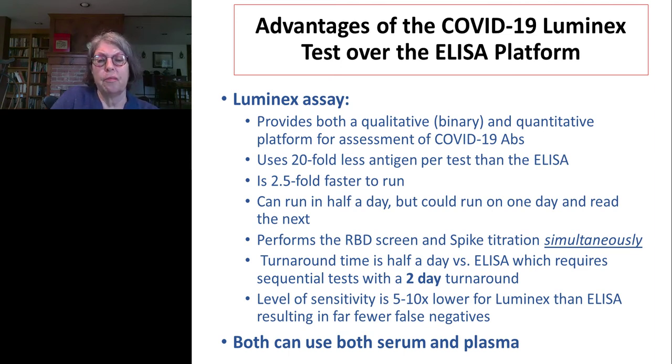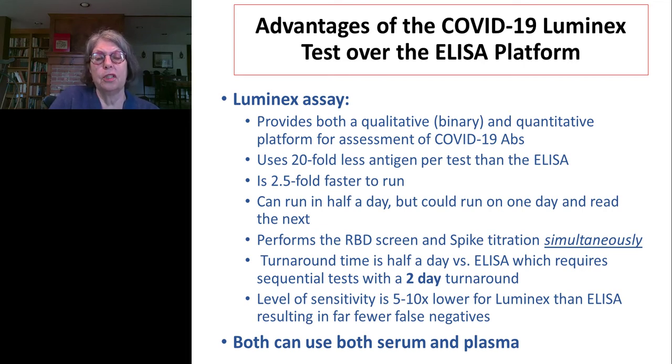We can perform the RBD screen and the spike titration simultaneously with Luminex, but with ELISA, it's a sequential assay for the RBD and then the spike. As I mentioned before, the turnaround time is much faster, and the level of sensitivity is 5 to 10-fold better in the Luminex than it is in ELISA.